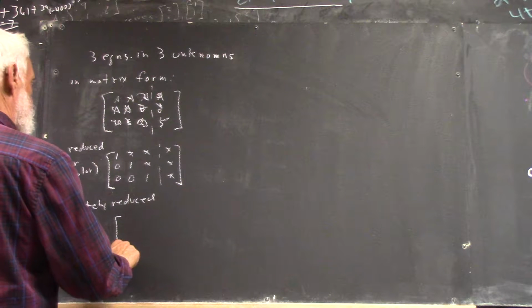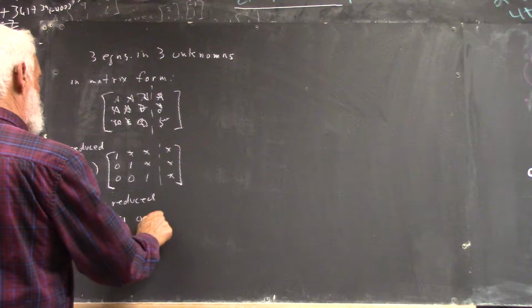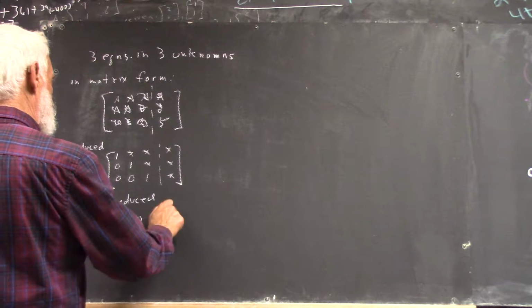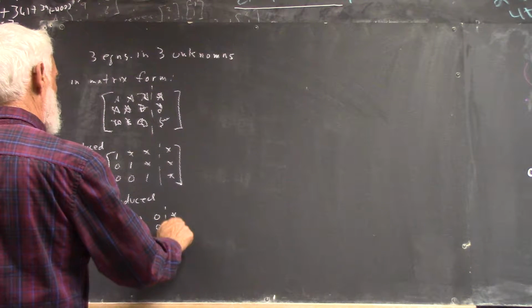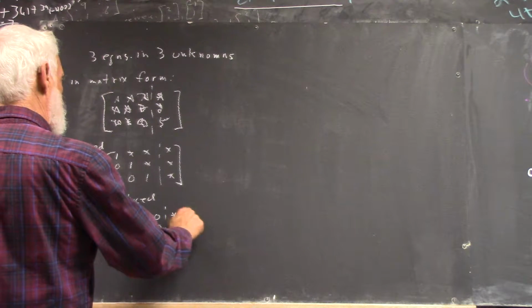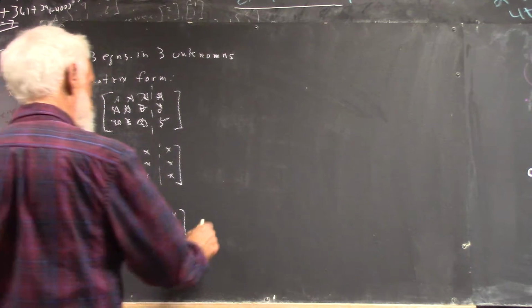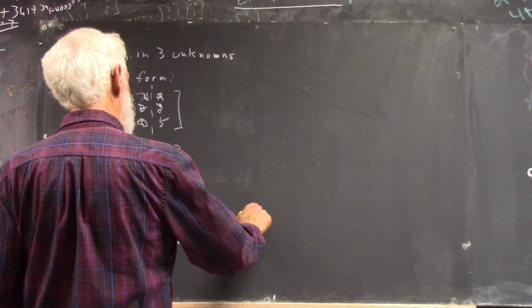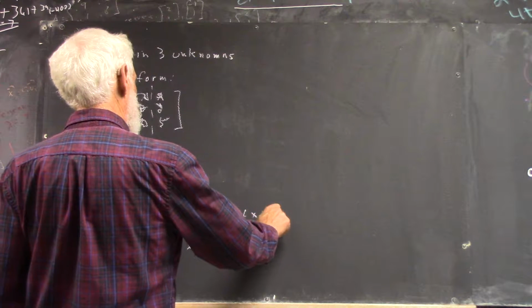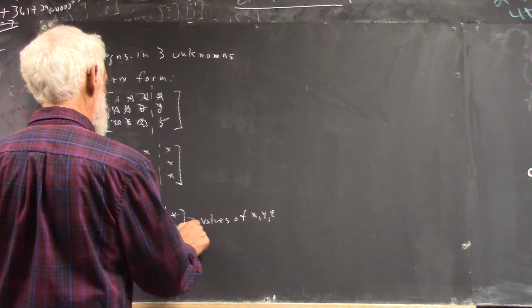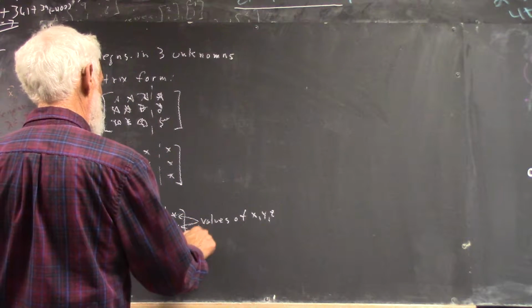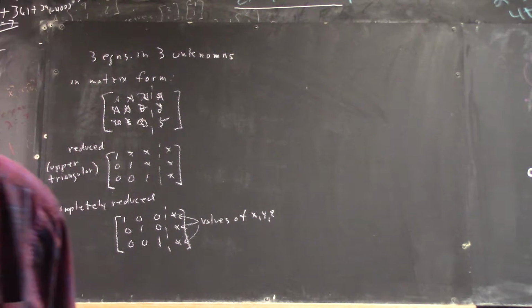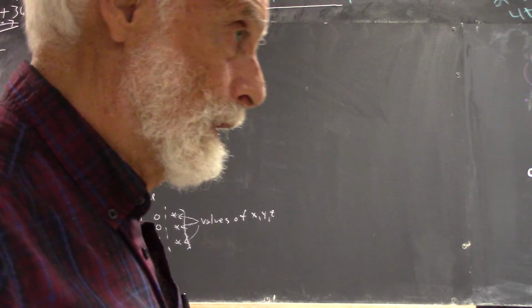Completely reduced. You get this, and those are your values of x, y, and z. Okay?